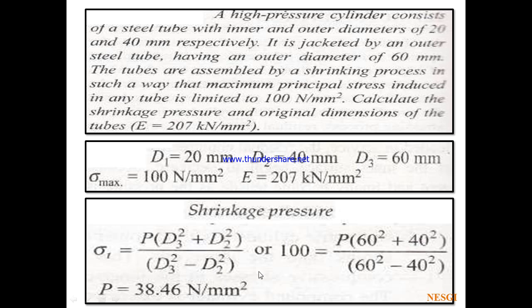So substitute the value of sigma T is 100, means it is maximum permissible stress or allowable stress. P as it is, D3 60 square plus 40 square divided by 60 square minus 40 square. So if you simplify, you will get P is equal to 38.46 Newton per mm square. So this is the shrinkage pressure.